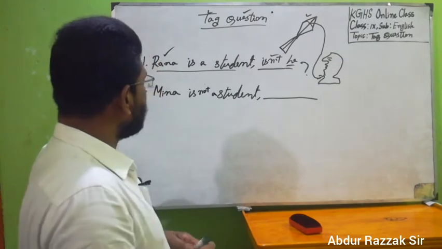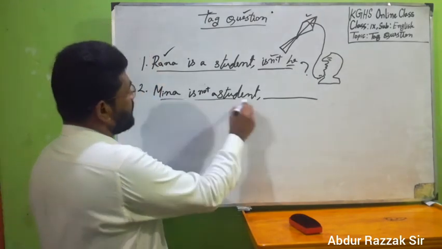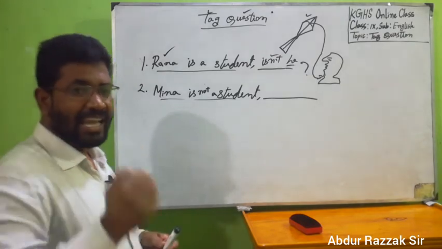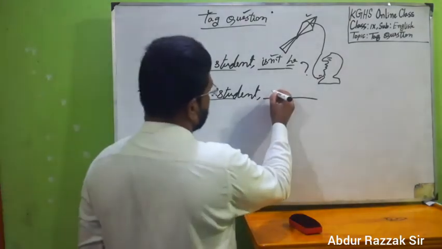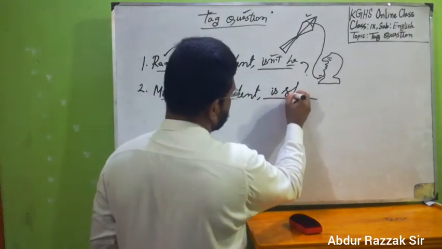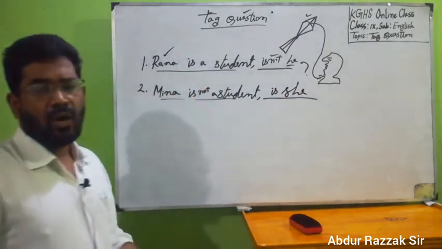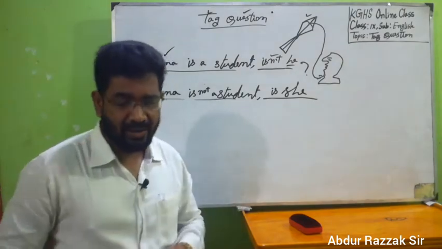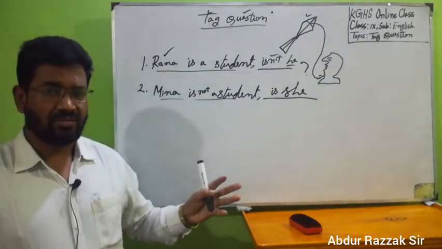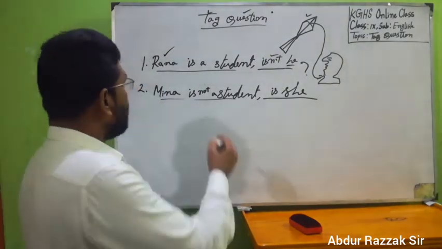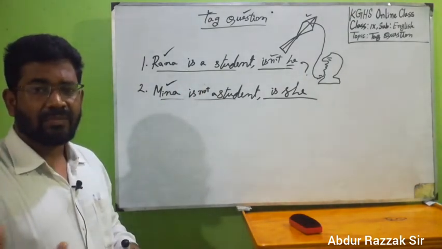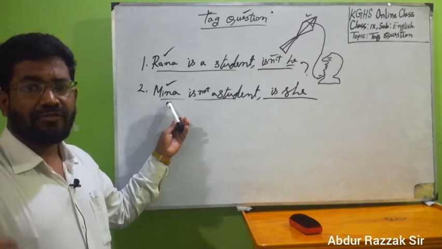Dear students, this is a negative statement. So you have to make the affirmative tag. So it will be is she. Where have you found she? Because the subject of the tag question will always be a pronoun. So the pronoun of Meena is she, because Meena is of feminine gender.